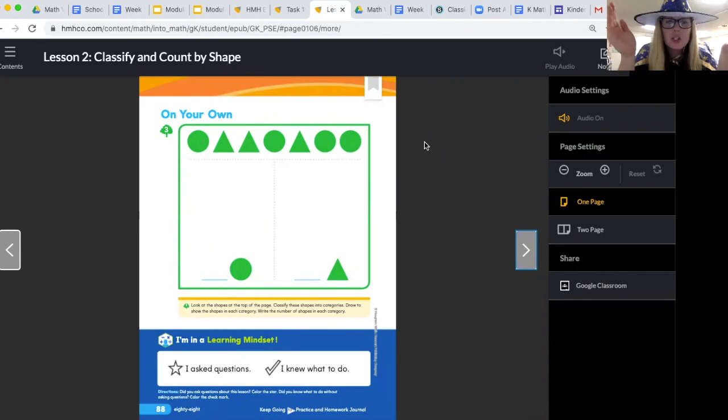Draw to show the shapes that are in each category and write the number of shapes. Okay, so first, classify. Second, draw. Third, write the number. Classify, draw, write number. Okay.